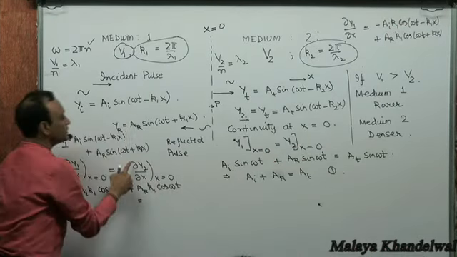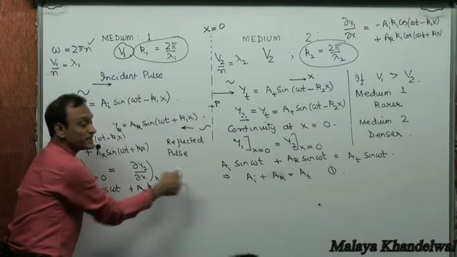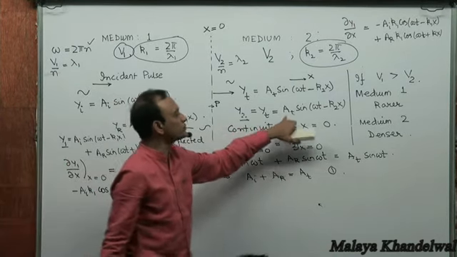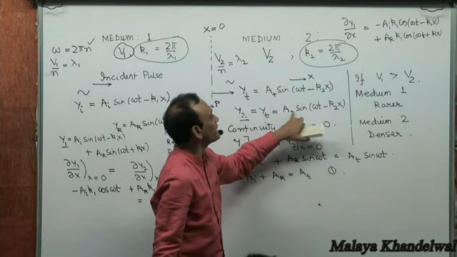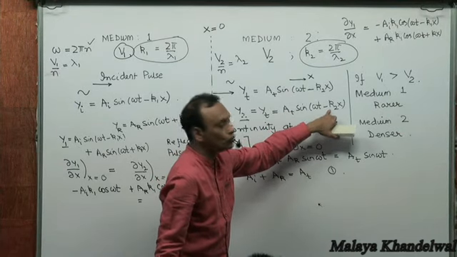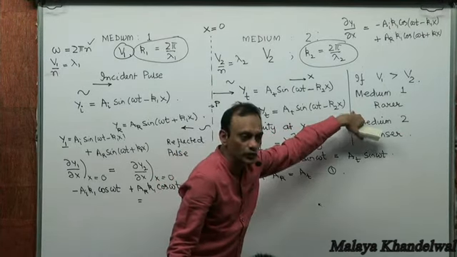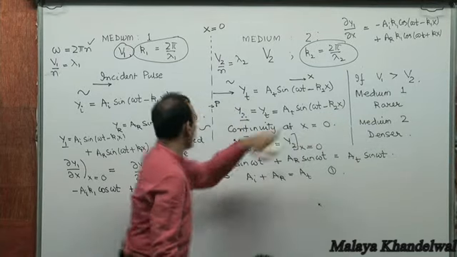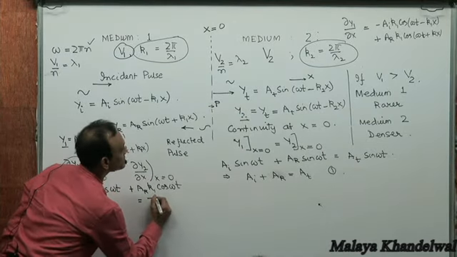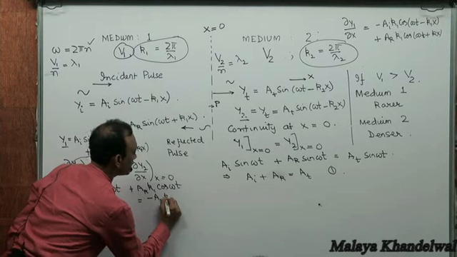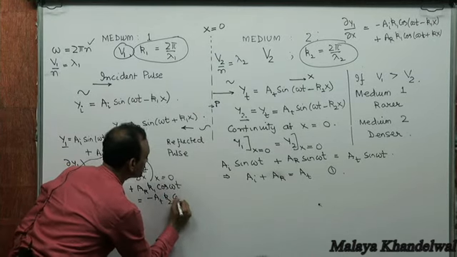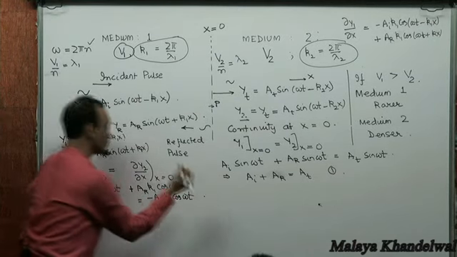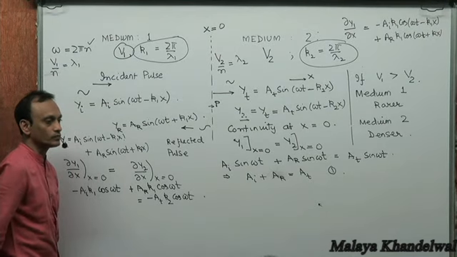And that must be the derivative of y2 with respect to x at x equal to 0. If you differentiate this with respect to x, what do you get? Minus At k2 cos omega t minus k2x. But at x equal to 0, it would be minus At k2 cos omega t. Yes or no?